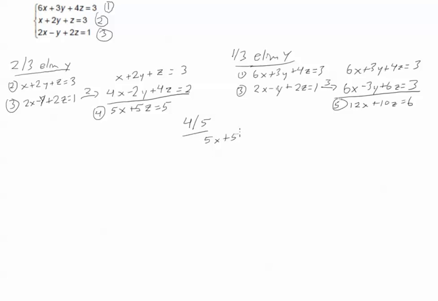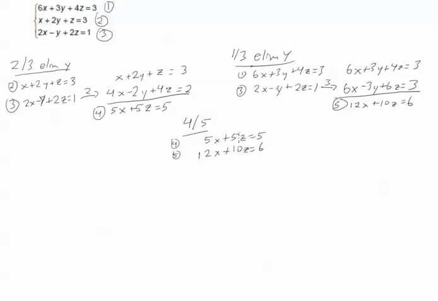5x plus 5z equals 5. 12x plus 10z equals 6. Now, if I'm trying to get rid of one of these, let's get rid of the z. I can look at these two equations, number 4 and number 5.